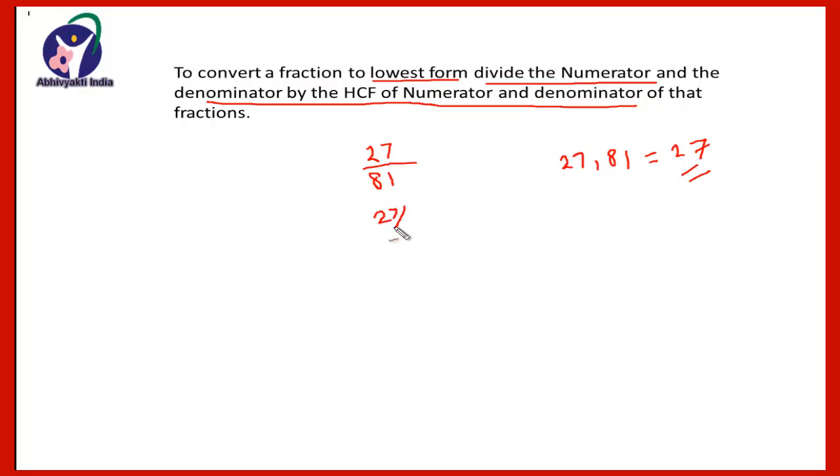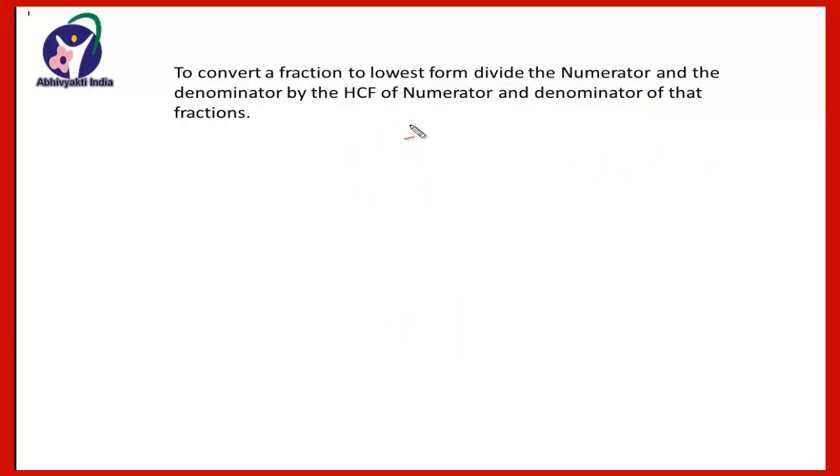So 27 divided by 27, 81 divided by 27, that is equal to 1 by 3. 27 threes are 81. So 1 by 3 is the smallest form, simpler form, or the lowest term of the given fractional number 27 by 81.